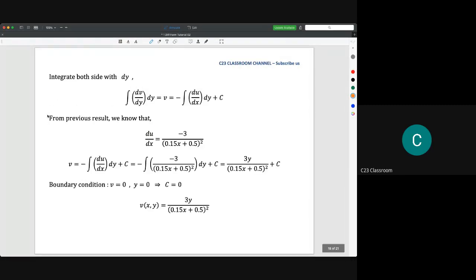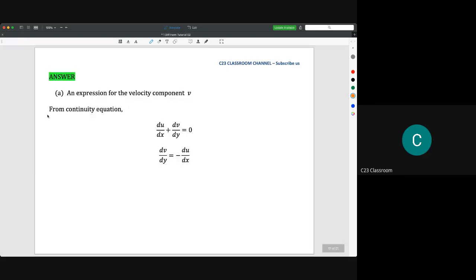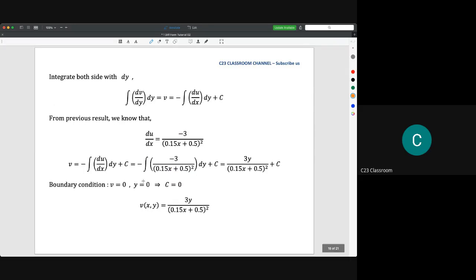So what we do is the integral method. It is very simple. So we have this one. If we bring dy here, and then integrate both sides, we could get this term.